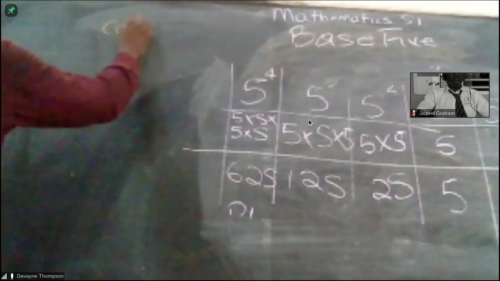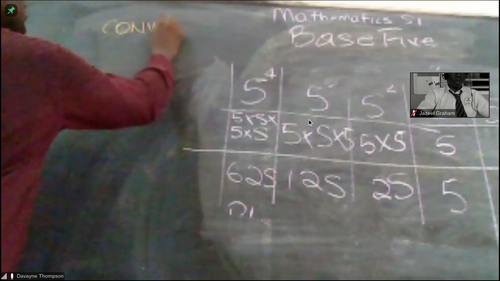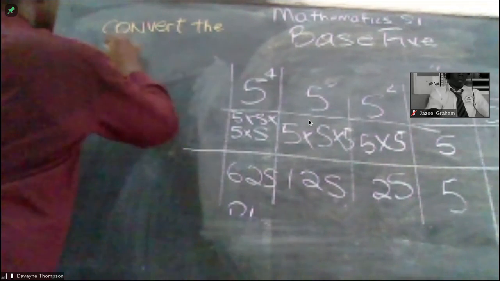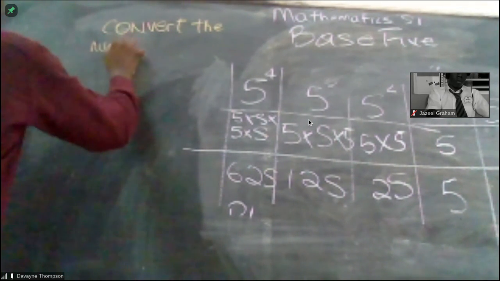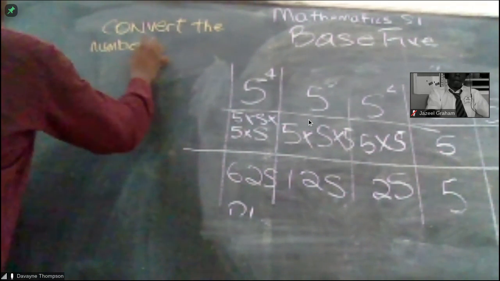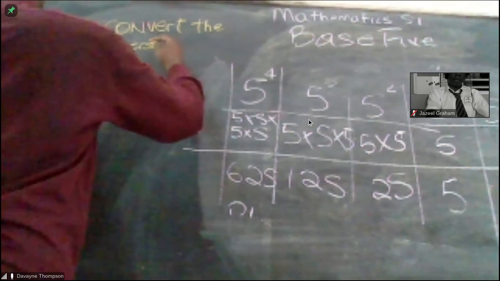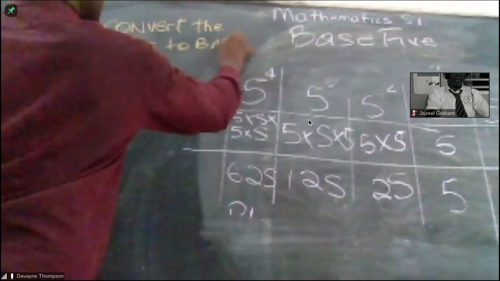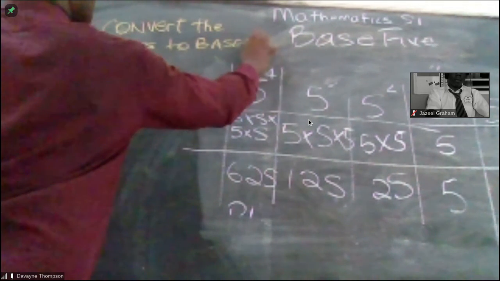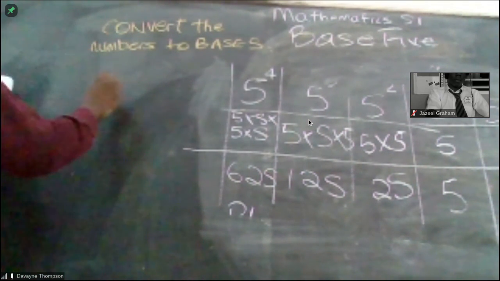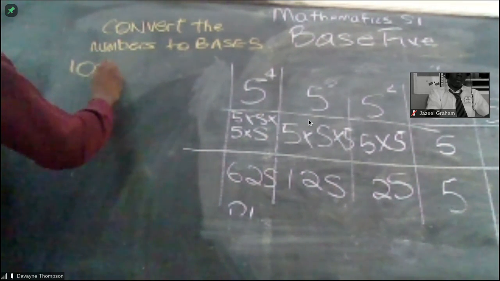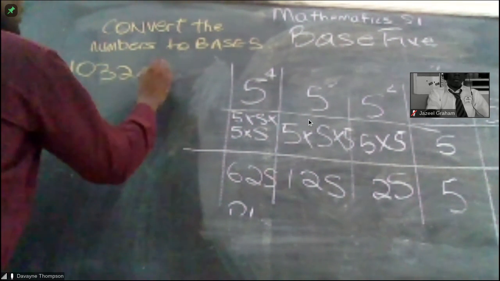Convert the numbers below to base 5. Let's say we have 10324.